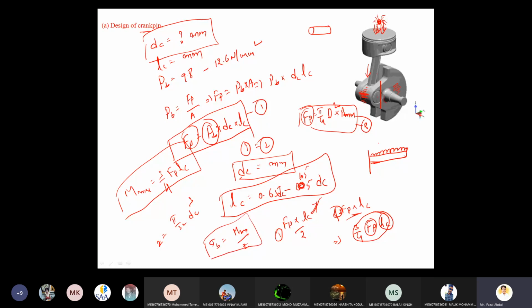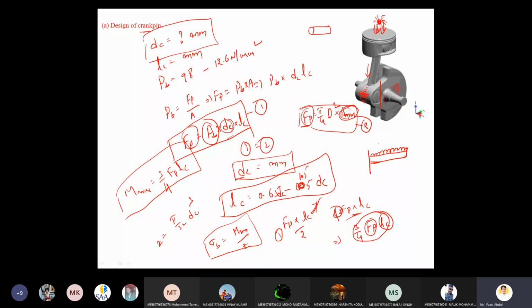And now see here, bearing pressure is given, but if we don't know the gas pressure, we can't get the Fp value, and if we don't know the Fp value, we can't get the Dc value. So at this time, we need to assume the Dc value.